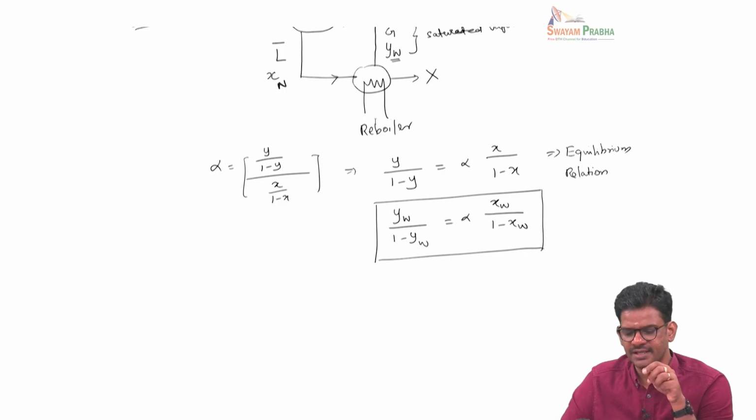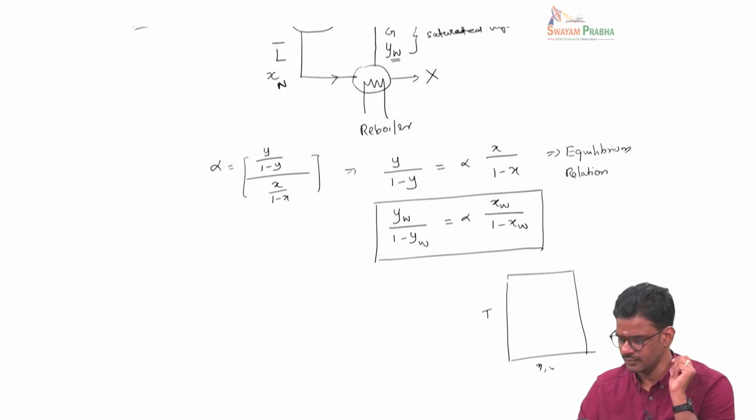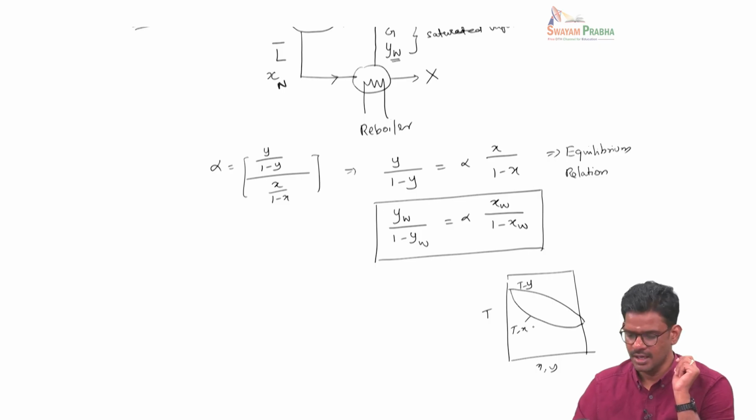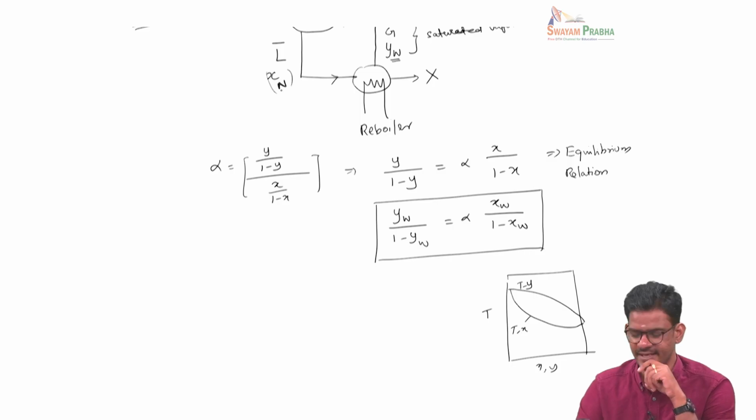Okay, so here we said that the reboiler vaporizes all the liquid into vapor. However, this is at the dew point, so you'll have the last liquid droplet, the rest of them are vapor. So if you have to show it in terms of the TXY diagram, this is T versus Y and this is T versus X, and this stream Xn is the composition of the liquid that is entering at the bubble point.